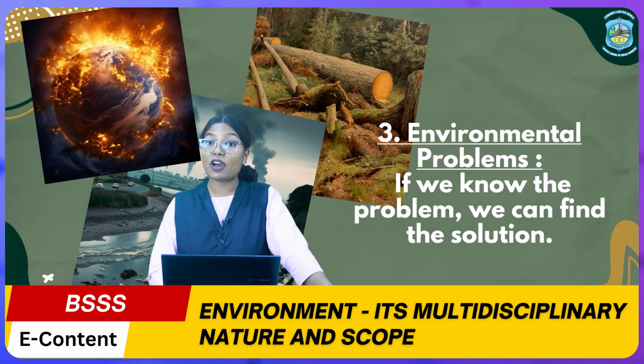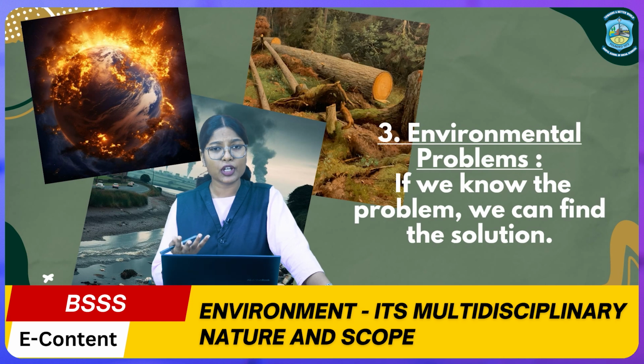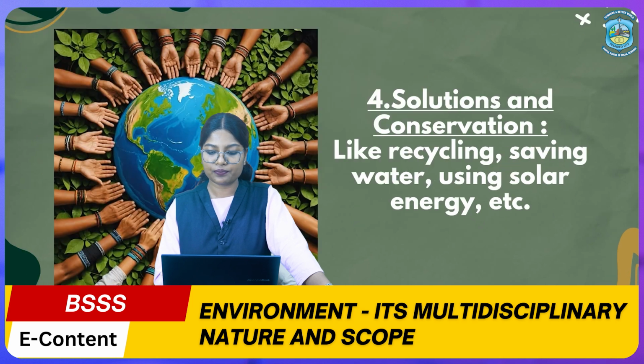Next is environmental problems. What are the issues in the environment going on, like deforestation, global warming, water pollution, all these environmental issues we will learn under the subject called environmental education or environmental studies. Because until and unless we know about the problem, we won't be able to take out the solution for it.